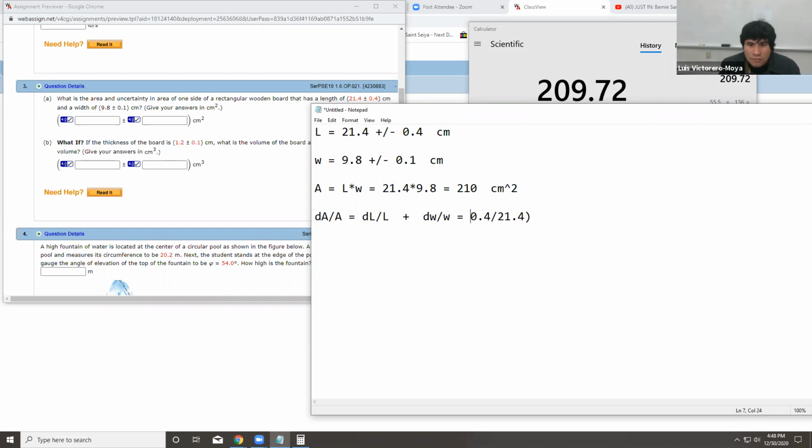That's for the length. Plus 0.1 divided by 9.8. So the uncertainty on the area will be 210, the value of the area, times all this.